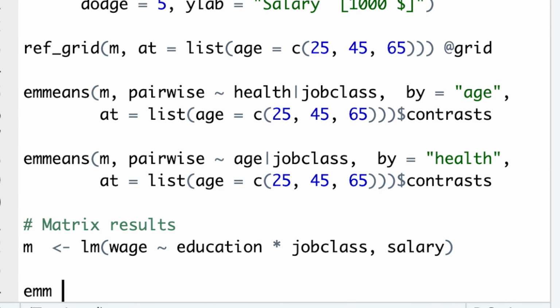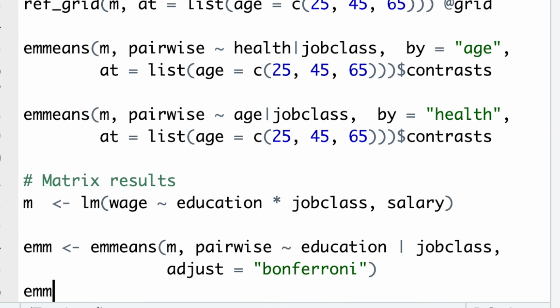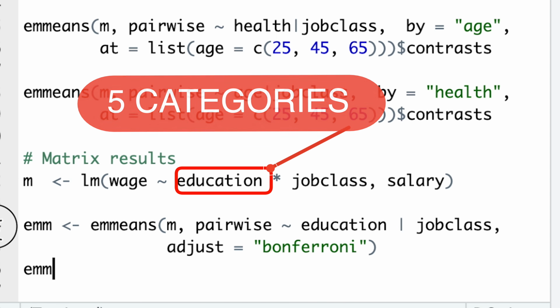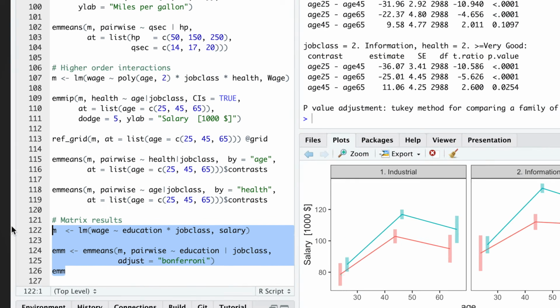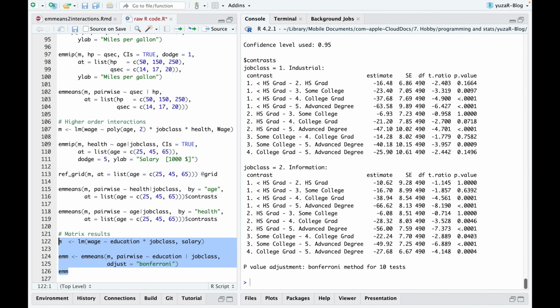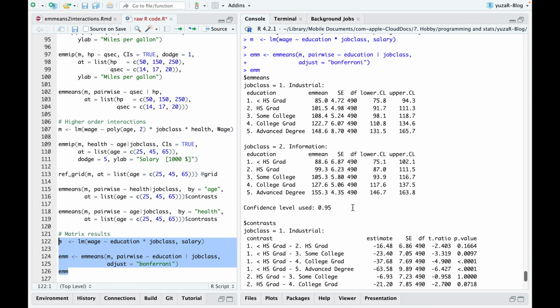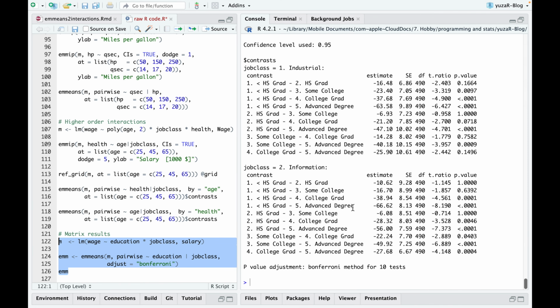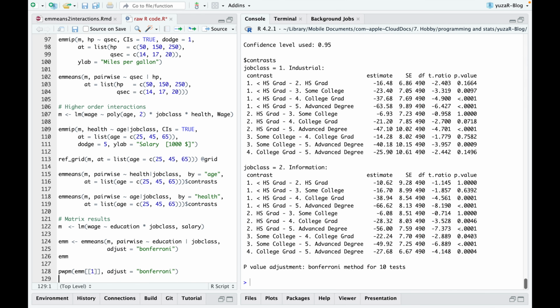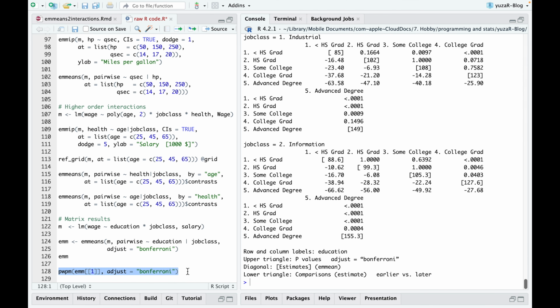For that, and in order to be more realistic, let's actually consider the education predictor with 5 categories and have it interact with job class. Even with only 2 predictors, we'll get so many estimated marginal means and contrasts that they won't fit on a single computer page. One of the most effective ways I found is to put all the results into a matrix.